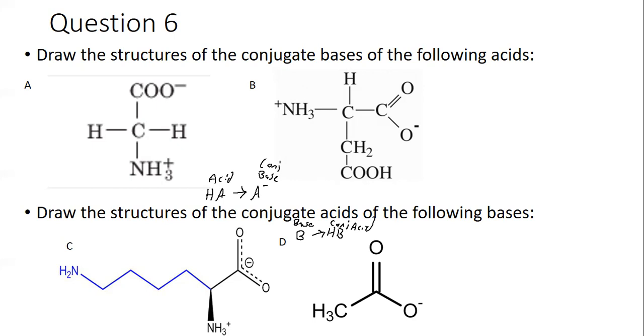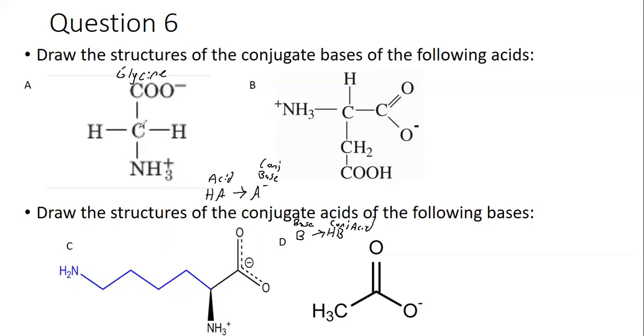All right. So a lot of us finished but not sure, or got part of the way and not sure. So let's take a look at this. So first we have our acid right here. This is actually an amino acid. This is glycine.